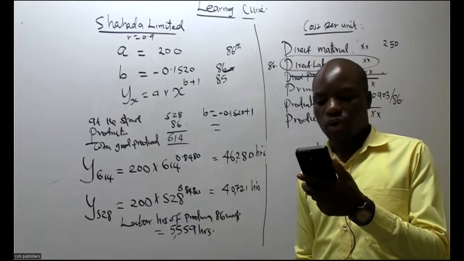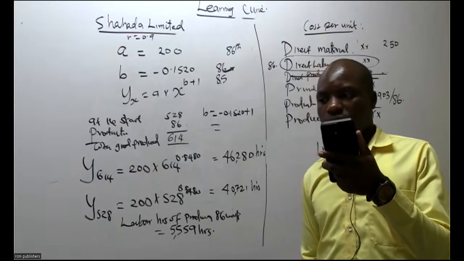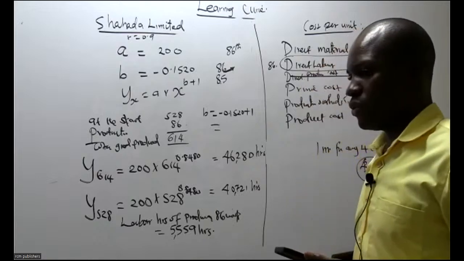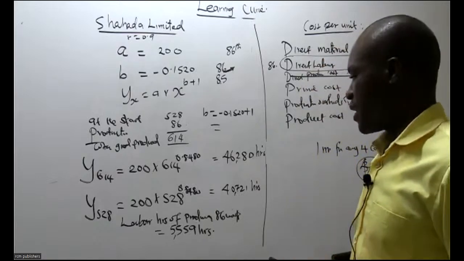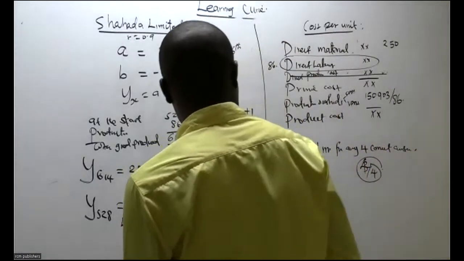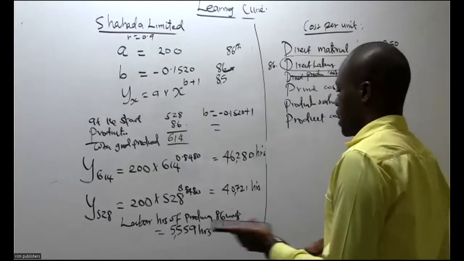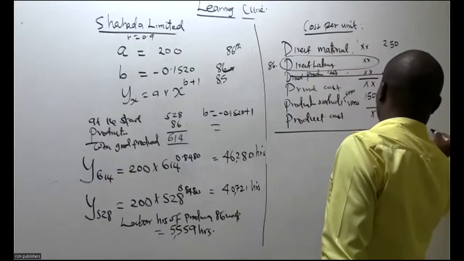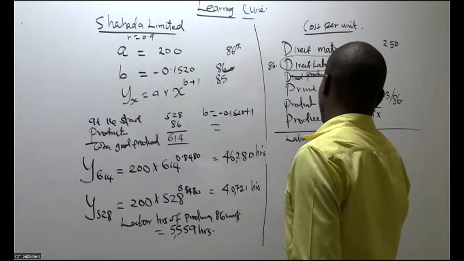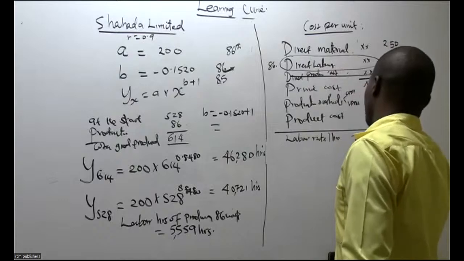The standard labor cost per hour. The labor rate per hour, we are given there as 10 shillings.